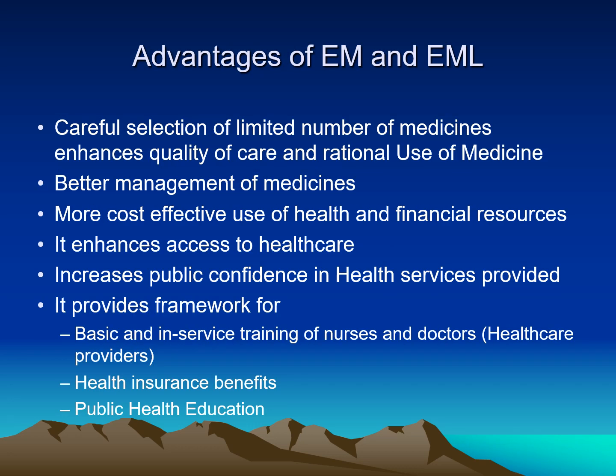We will discuss these points. There are advantages of using essential medicines and essential medicine list because careful selection of a limited number of medicines enhances quality of care and rational use of medicine. This is very important to consider.